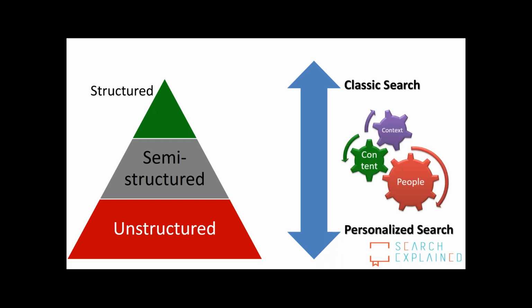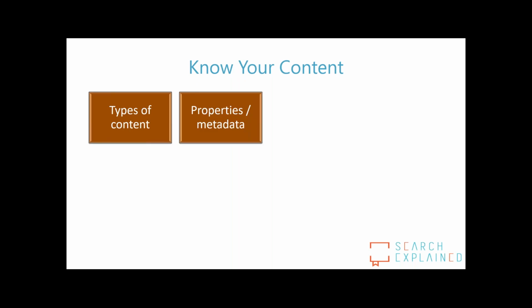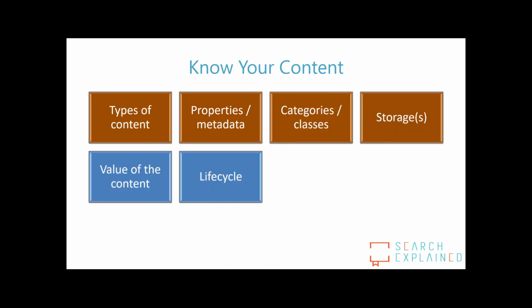And again, you have to think about the people, the content, and the context all together. So you have to organize your content. To be able to organize the content, you have to know your content. You have to do a content inventory. When you move your content to Office 365, it's better to do a content inventory and not just move everything from your network drive, for example.